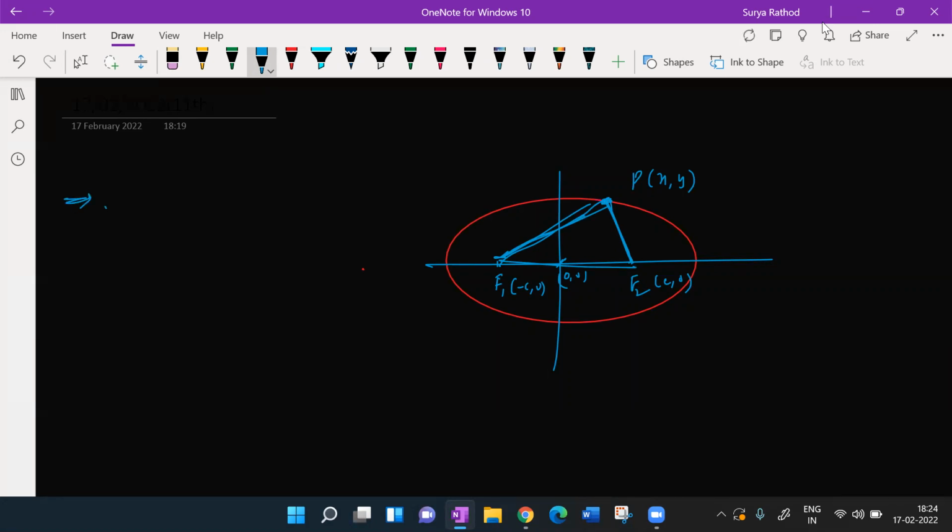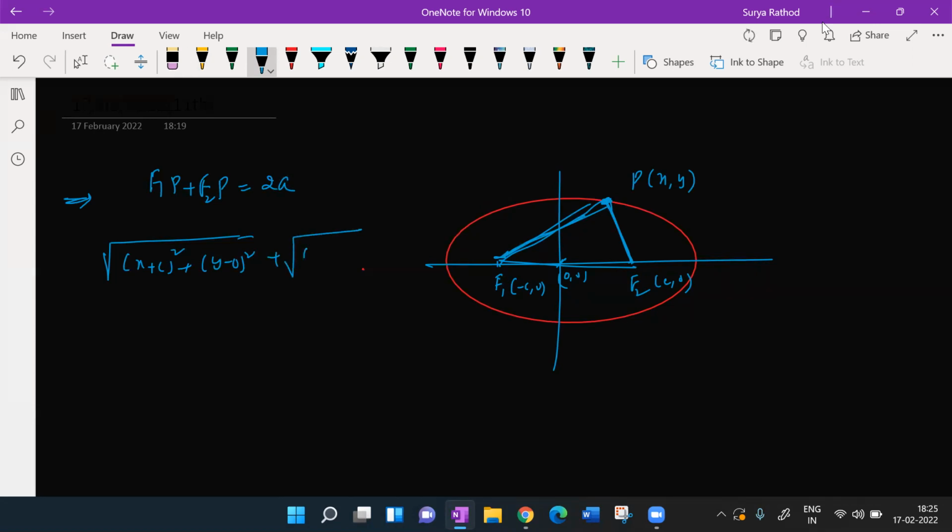Now look at this. Let us write here F1P plus F2P is equal to 2a. So what is F1P? Square root of (x2 minus x1) whole square, so (x plus c) whole square plus (y minus 0) whole square, plus F2P.